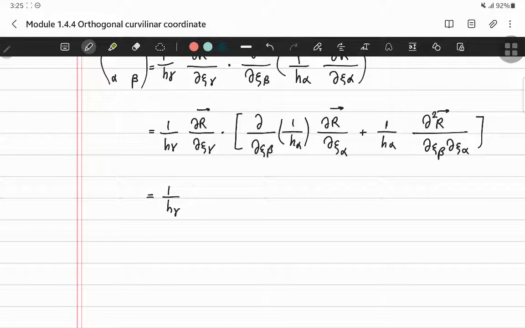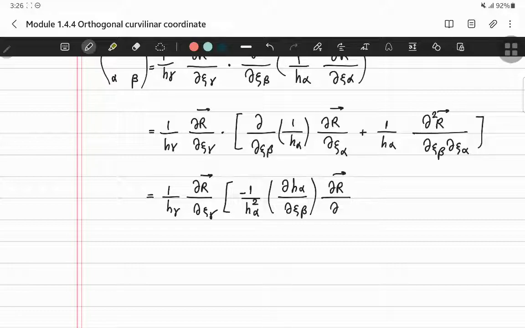So now we expand it further. 1 divided by H gamma, partial derivative of R with respect to Z gamma, times, if I take this derivative, it becomes minus 1 divided by H alpha squared times the partial derivative of H alpha with respect to Z beta, partial derivative of R with respect to Z alpha, plus 1 over H alpha, second partial derivative of R with respect to Z beta, then Z alpha.